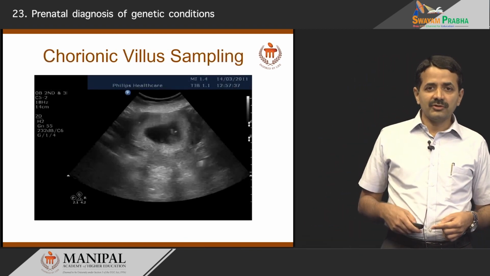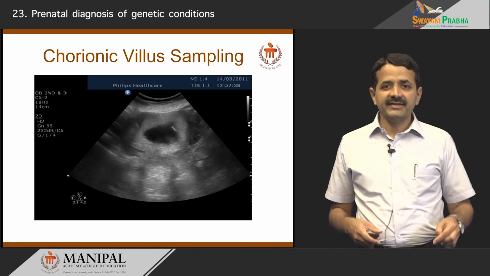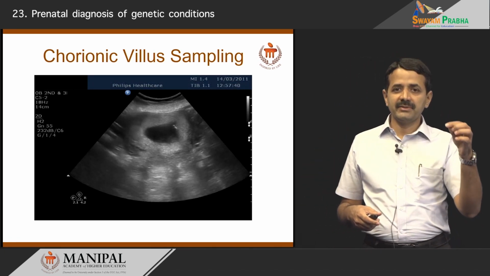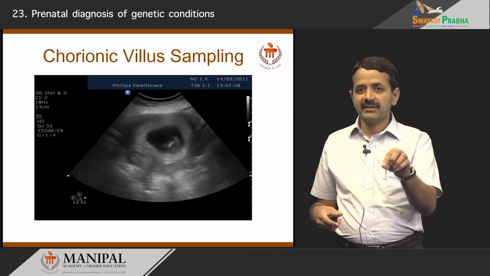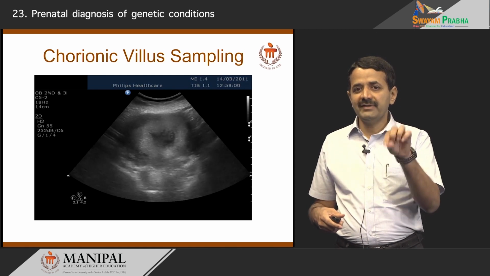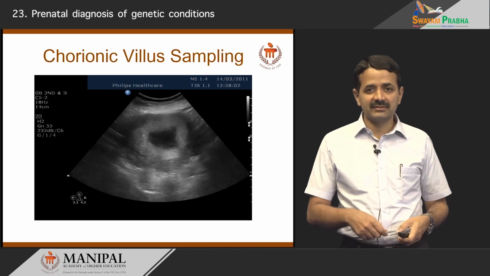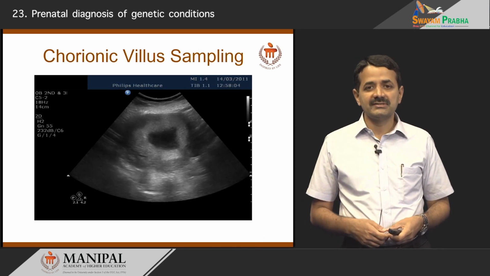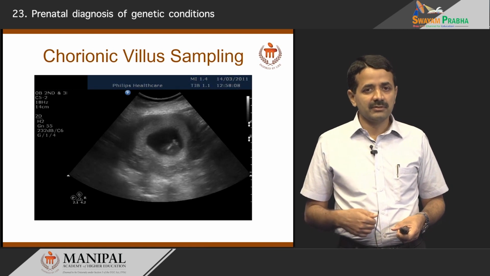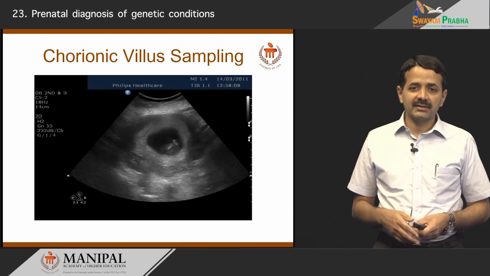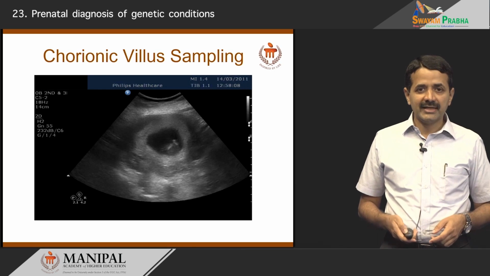I will now show chorionic villus sampling. You can see here, after cleaning the abdomen, a needle is passed to the placenta. You can see the needle tip, that white dot, and then a few villi are aspirated through suction through the syringe, then you transfer it to a good container, and then you transport it to the lab.